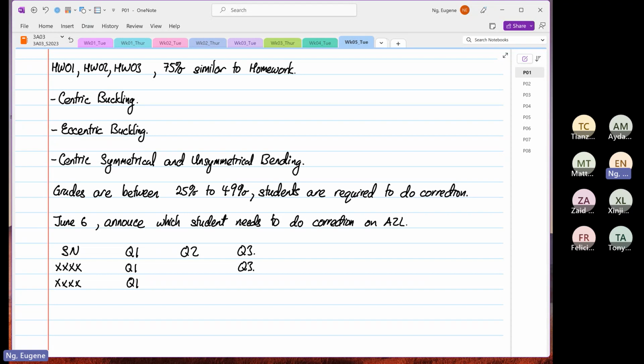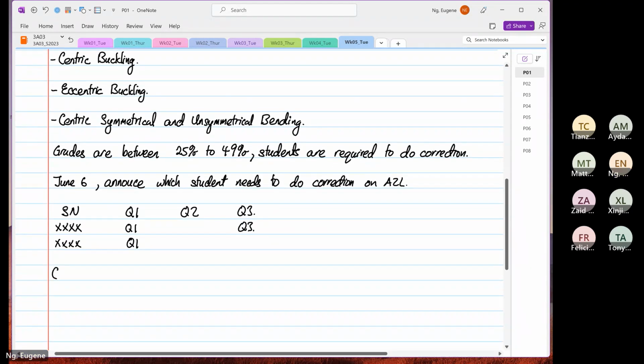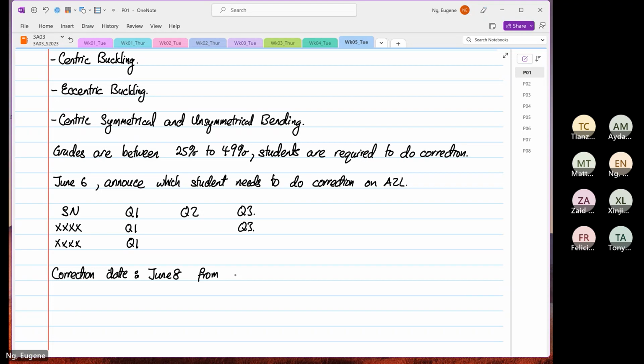And the correction date will be June the 8th, from 7 p.m., the same 1900, to 21:30.